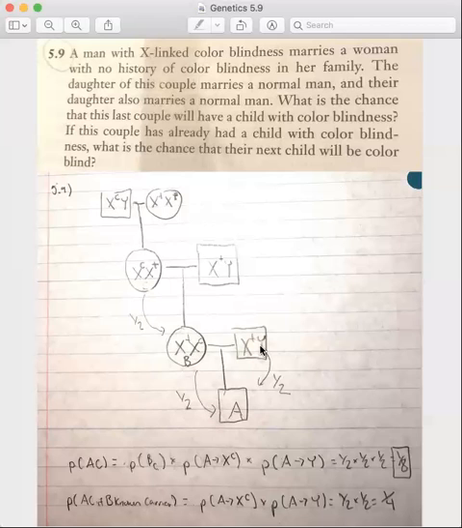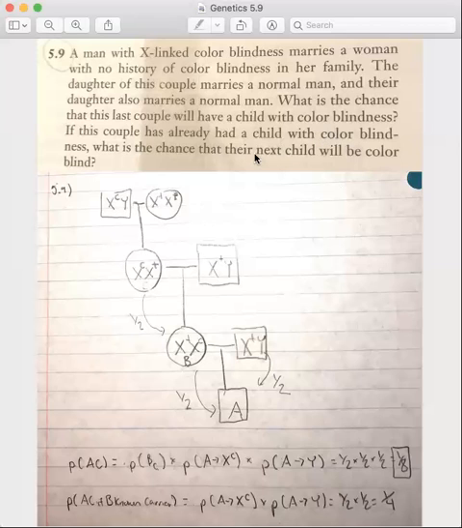That's also one half. And there's also a one half chance that the father will then pass down the Y allele, and this individual will then be a colorblind male. And so each of these three events have to happen. So for this event and this event and this event to happen, it's one half times one half times one half equals 1/8. Okay, so that's the first part.